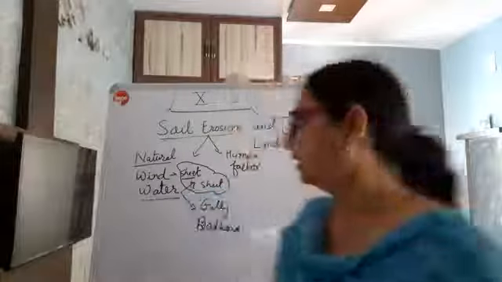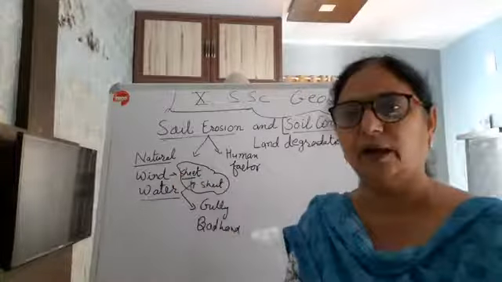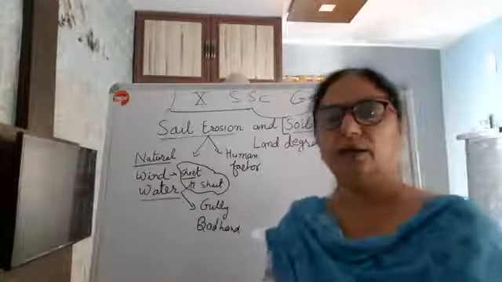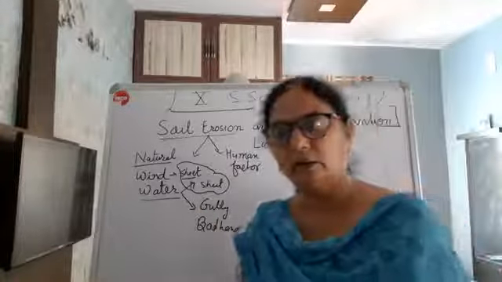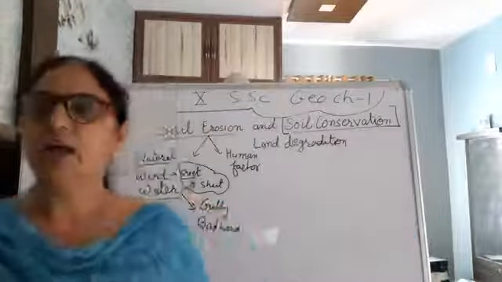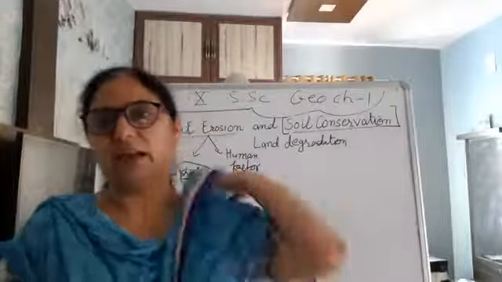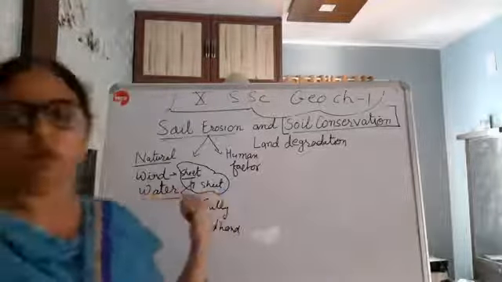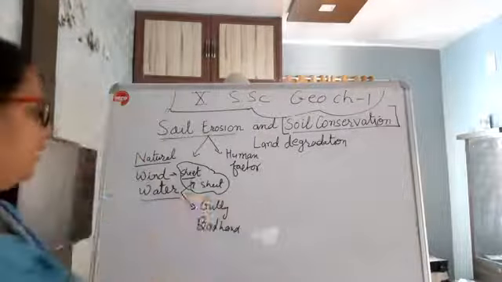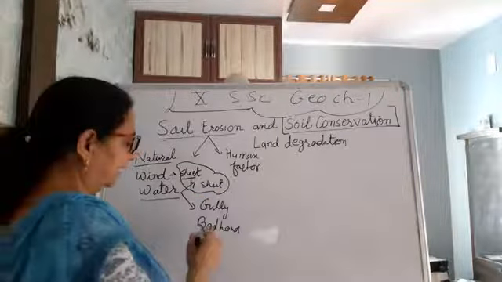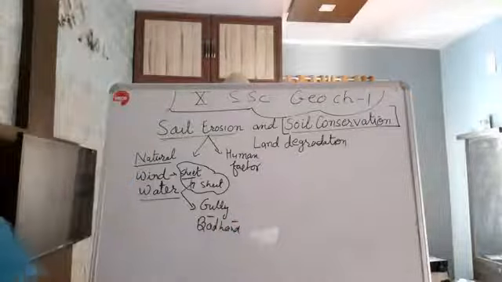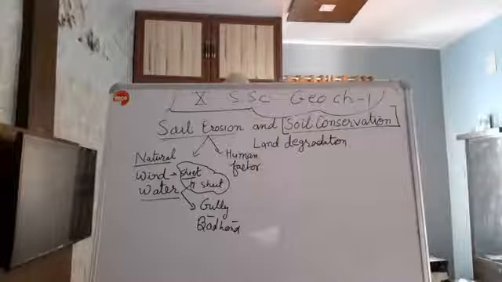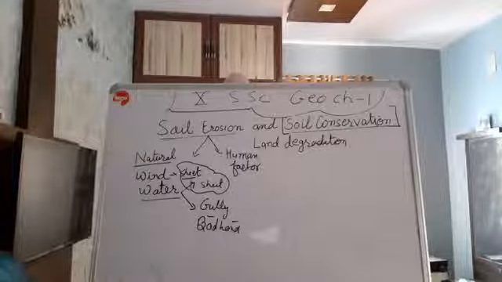Like in Rajasthan, sheet erosion is mostly by wind, and in Punjab, Haryana, UP, it is sheet erosion by water, in areas with abundant rainfall. Gully erosion occurs by water flowing down through clay soil and causes deep channels.